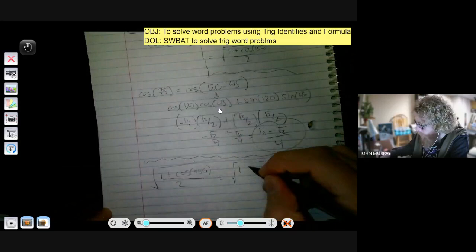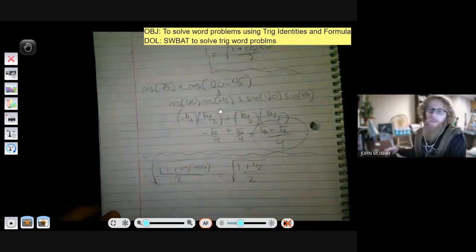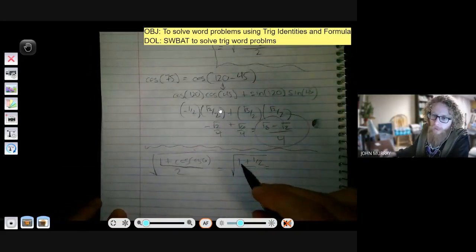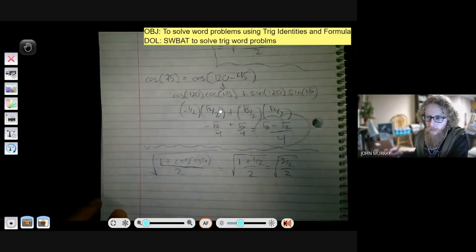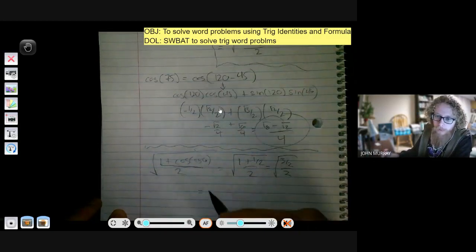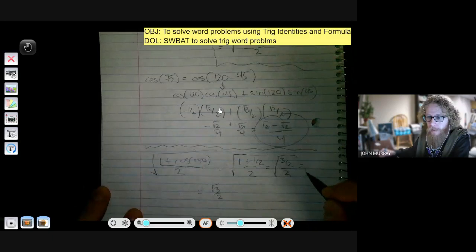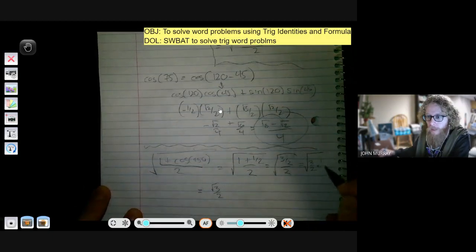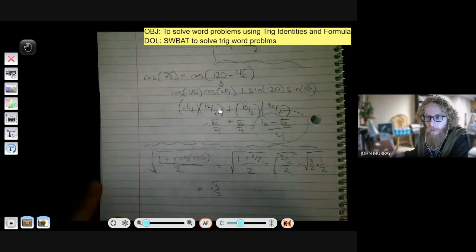So I get the square root of 1 plus 1/2 over 2, or 3/2 over 2, or √3/2, because we would have 3/2 times 1/2, and we'd have √3/4, and that would give me √3/2.